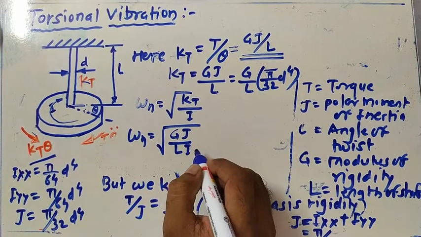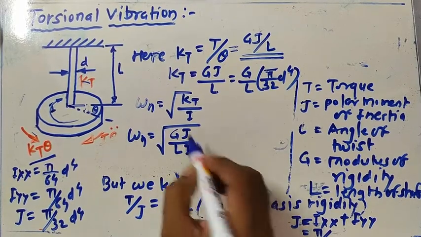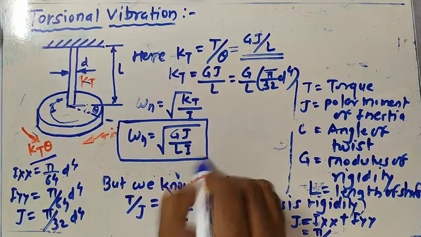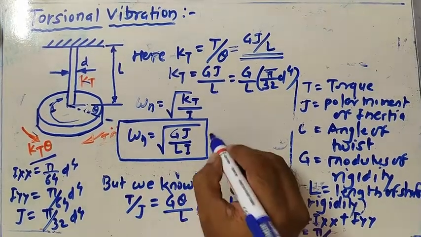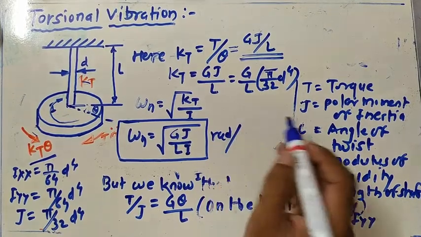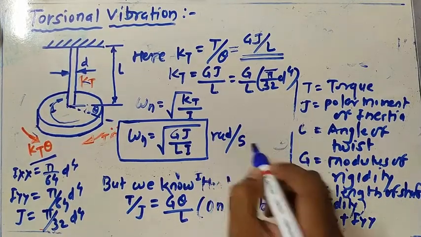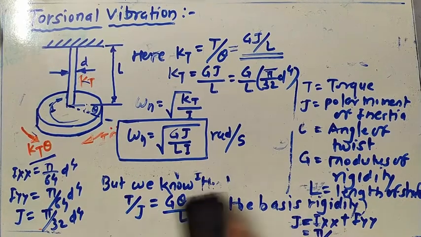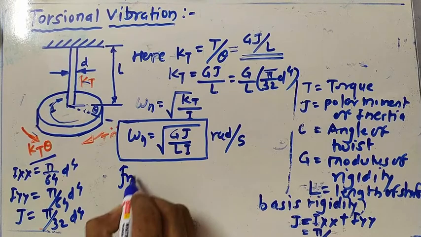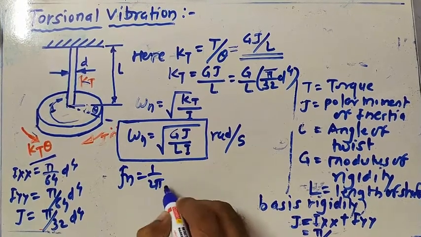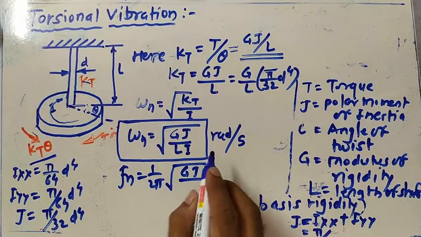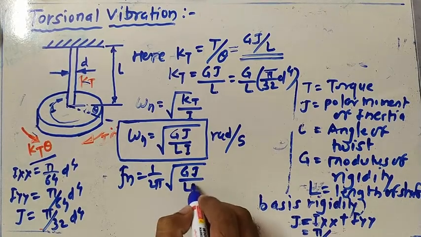This is the relation for the natural frequency of torsional vibrations in radians per second. If you want to convert this into hertz, then 1 upon 2 pi times the square root of Kt divided by I.